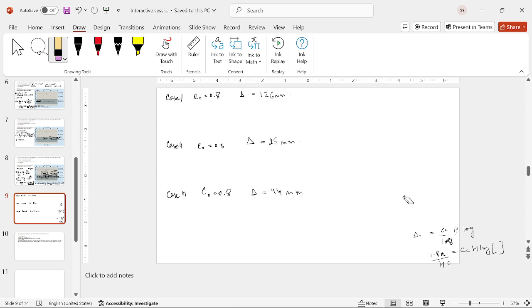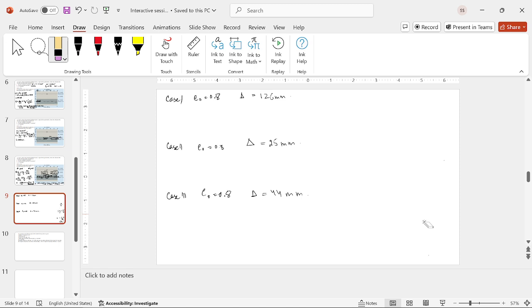Let me recollect this. Okay, so you see from the expression we have primary settlement is equivalent to Cc over 1 plus e, H, log of sigma plus delta sigma over sigma, isn't it?